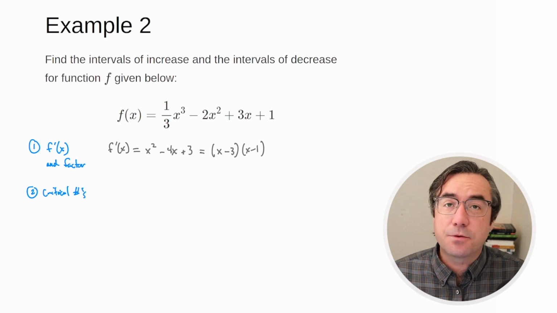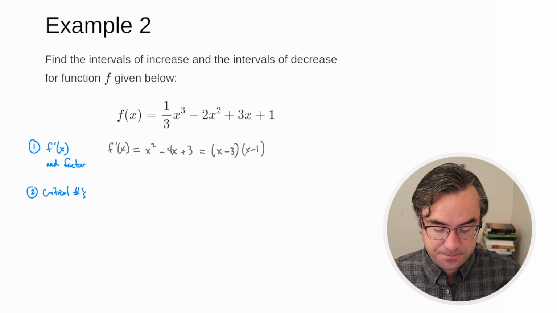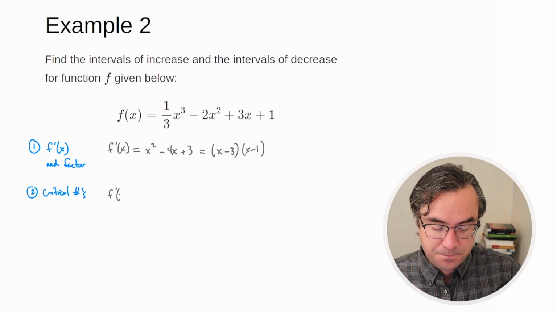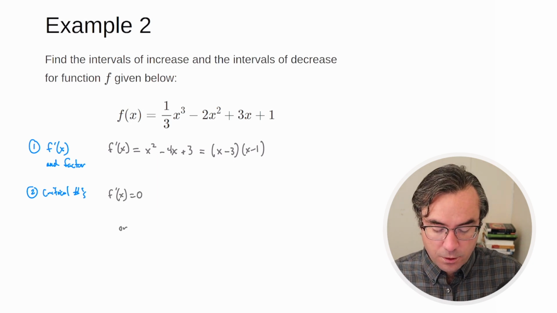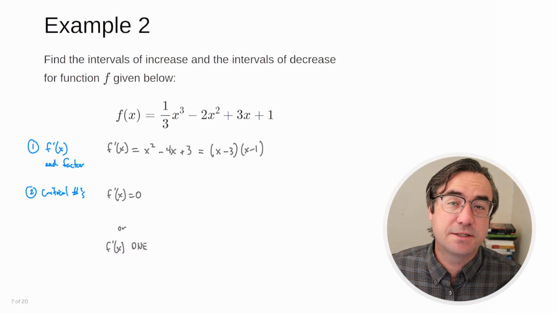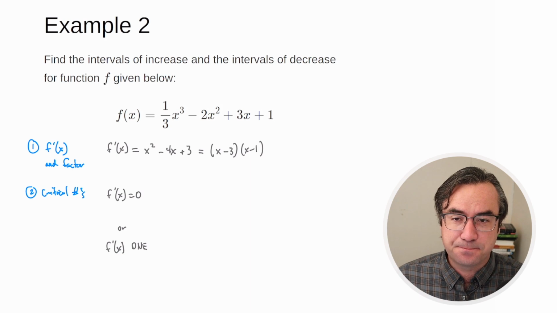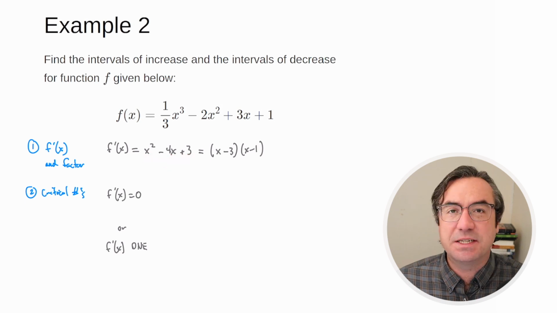So this is where either the derivative is 0 or the derivative is undefined. So we want to think about, where is the derivative 0 or where is the derivative undefined? So usually what we're going to see when the derivative is undefined or does not exist, we're going to see some division by 0.